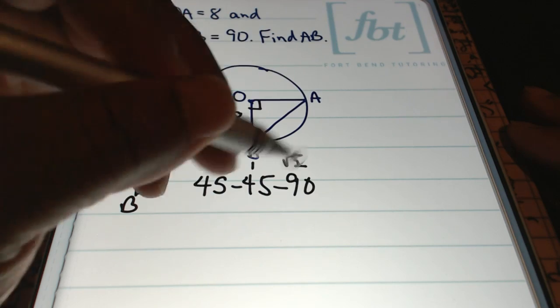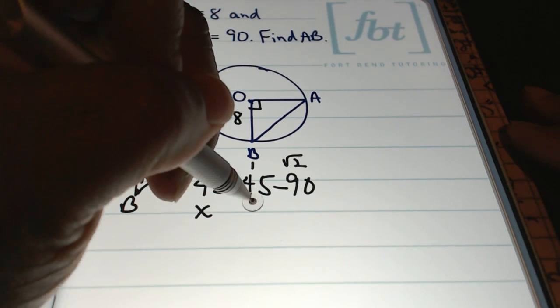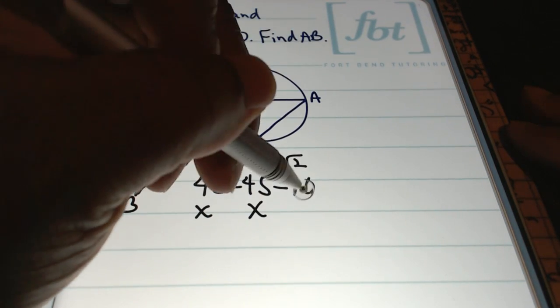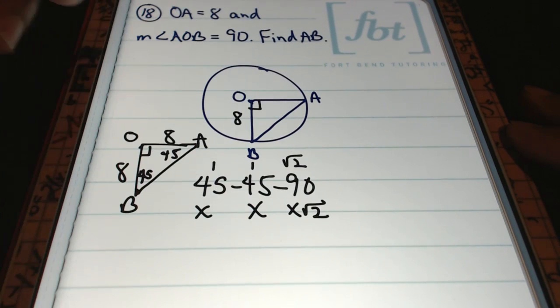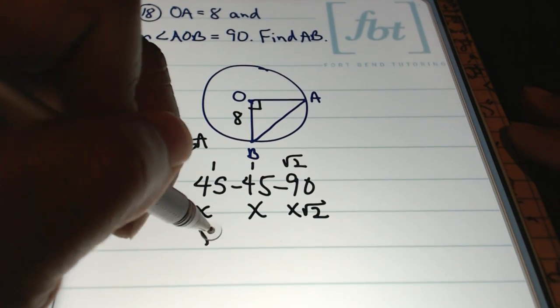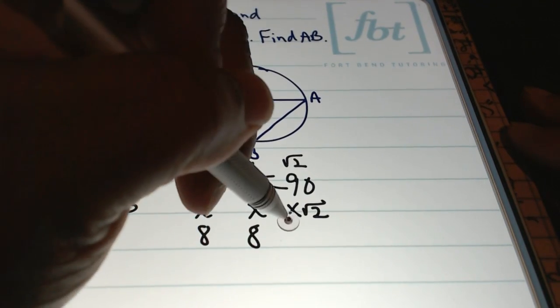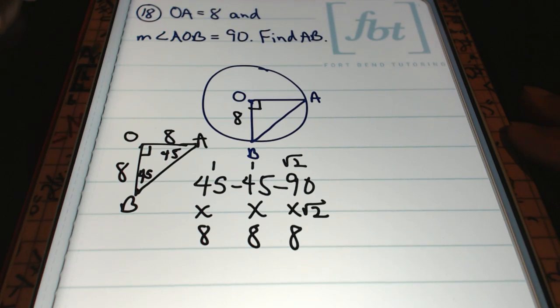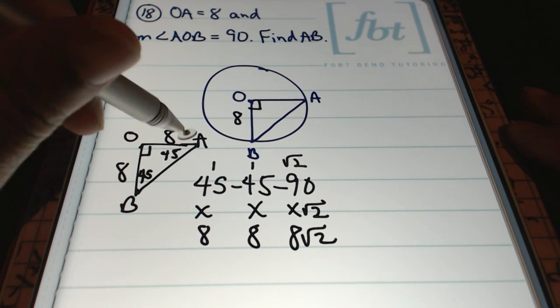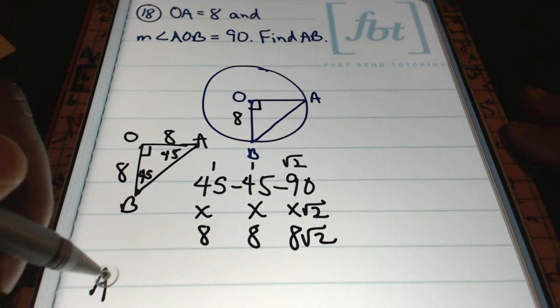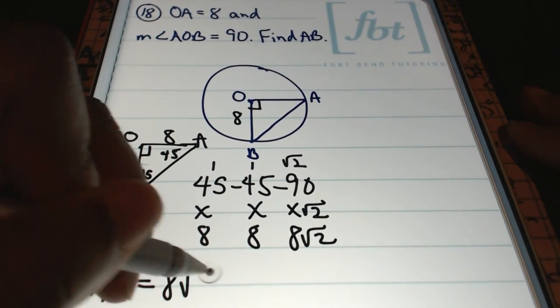Or with variables, if you know the value of x, the other leg is the same value, and the side opposite the 90 degree angle will be x times the square root of 2. In our case, x is 8. So the side opposite the 90 degree angle is going to be 8 times the square root of 2. So we just solved that, guys. Side AB has to be 8 times the square root of 2.